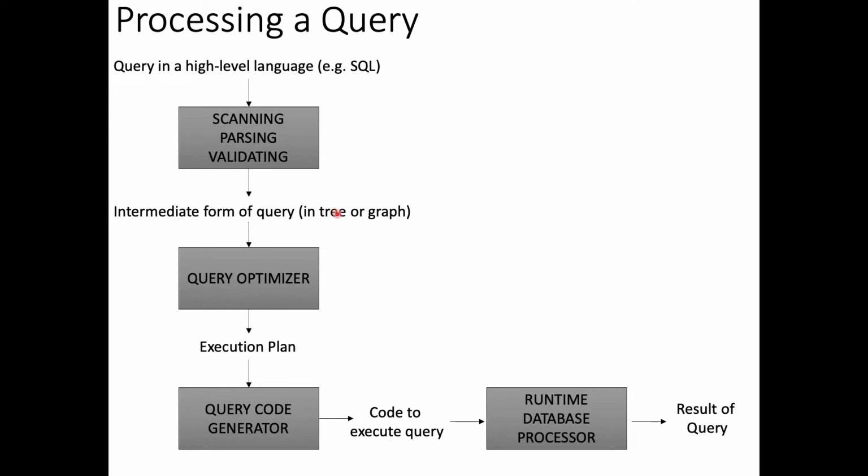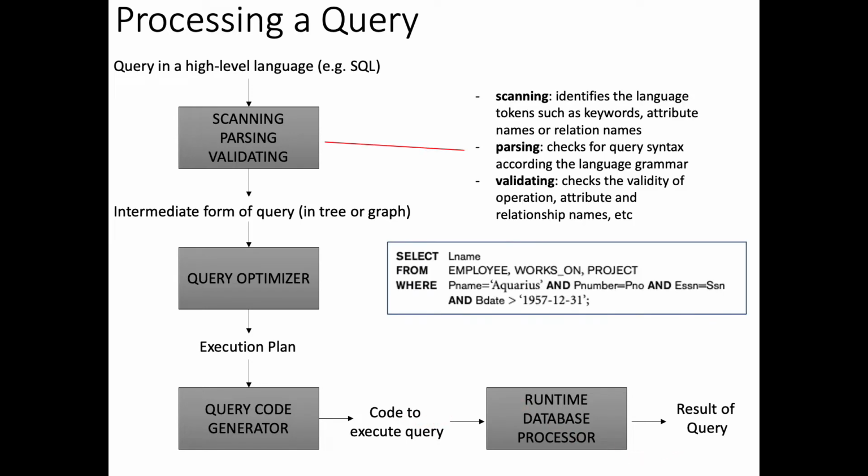It's called a query tree or query graph, depending on the form of the query. And then it is followed by query optimization, which then produces an execution plan that goes through the query code generator, which then produces code that will run on a database processor to produce the result of the query.